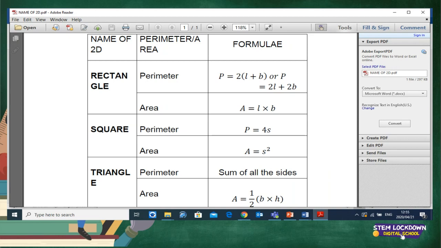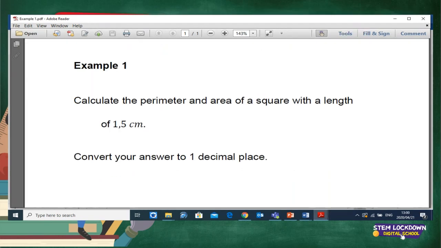But just to recap once again, we will look at example 1, where you are expected to calculate the perimeter as well as the area of a square if the length is 1,5. So you are given the length of a square there.